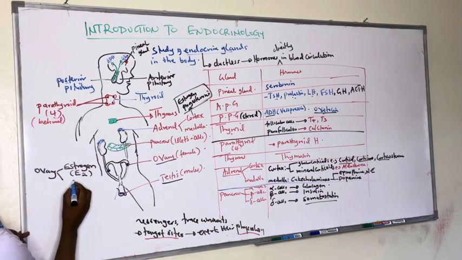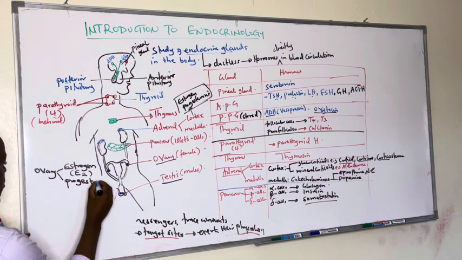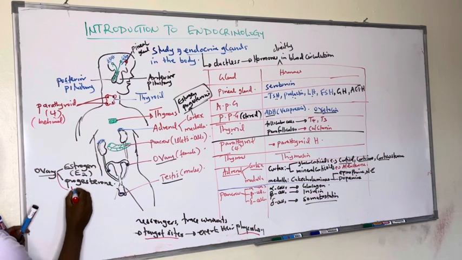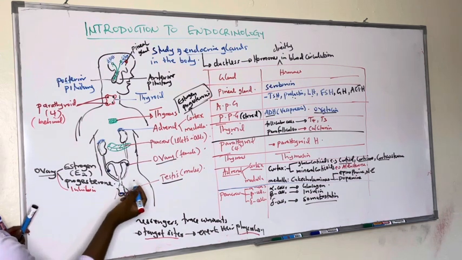Then it also produces progesterone hormone. That is during the menstrual cycle. That is the ovary. It's part of the gonad, and it can still produce another hormone known as inhibin. We shall see its role.